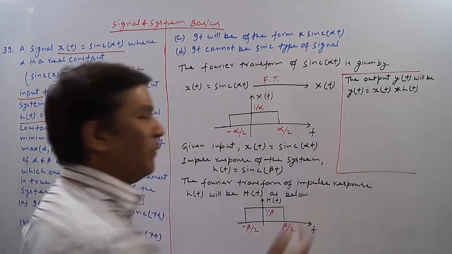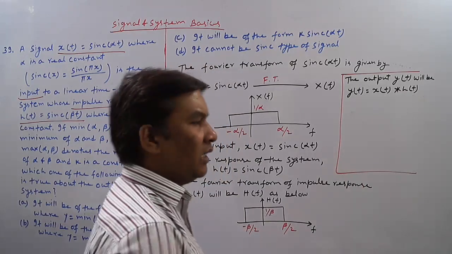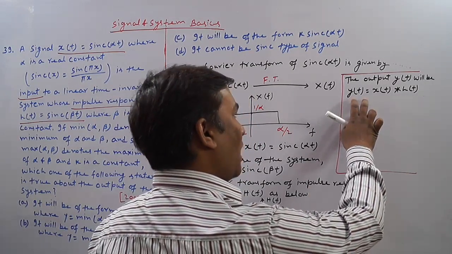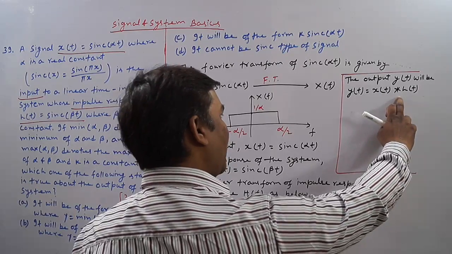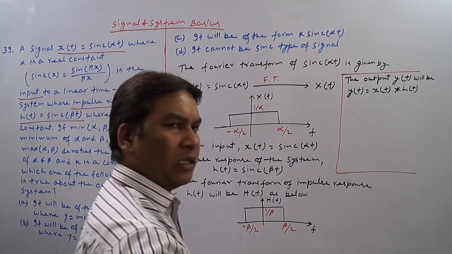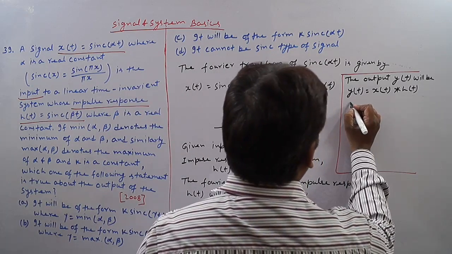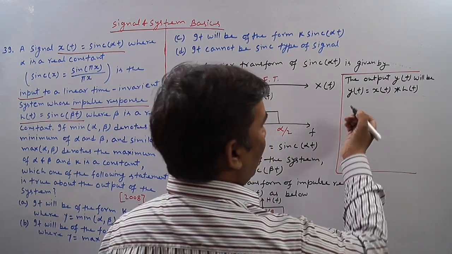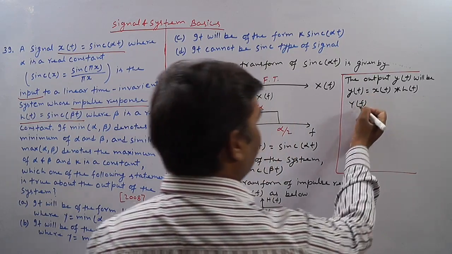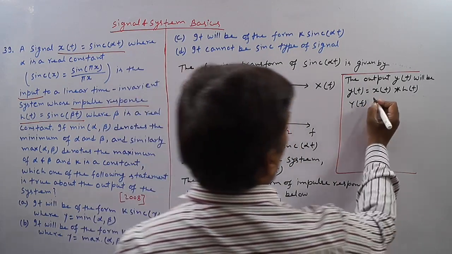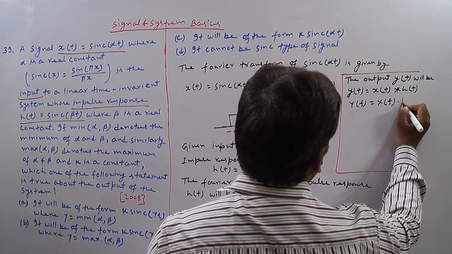If we take the Fourier transform of both sides, then this will become Y(f), and Y(f) will be equal to X(f) multiplied by H(f). This convolution will get converted into multiplication itself. Y(f) is the Fourier transform of y(t). So Y(f) equals X(f) multiplied by H(f).